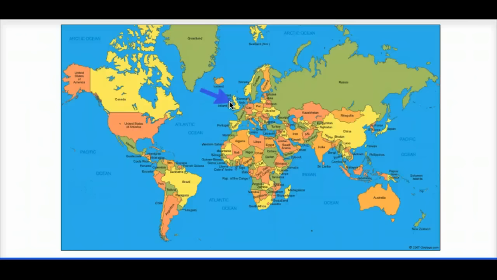If you think about the different chronological settings of the story, it begins with Robert Walton stuck in ice around the North Pole, up somewhere here. The North Pole is about 2,600 miles away from England.